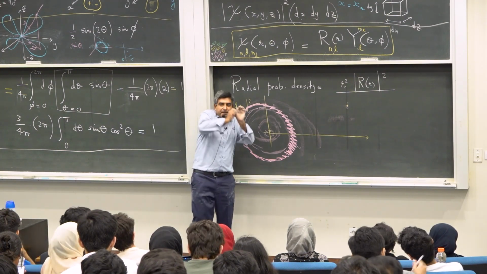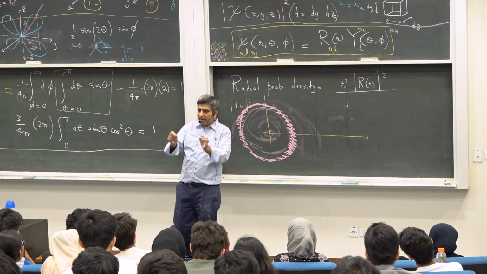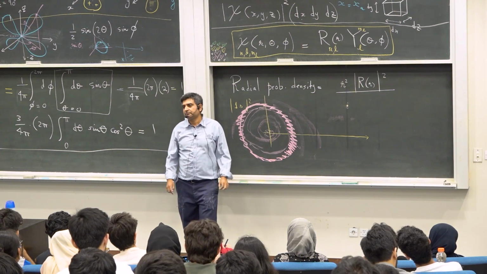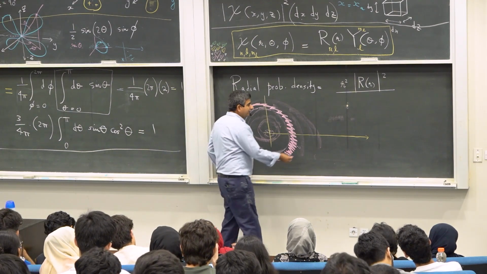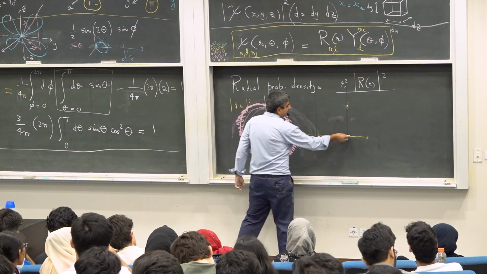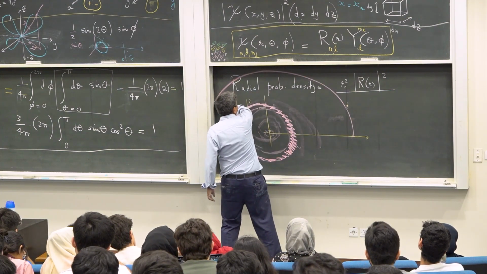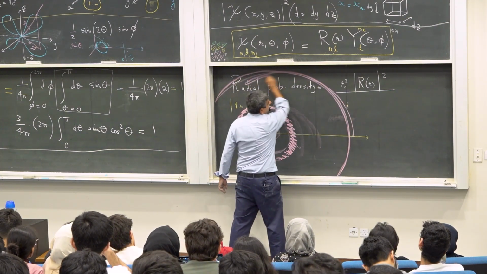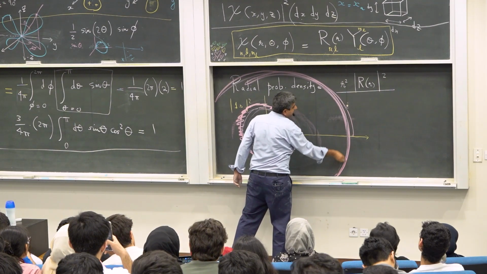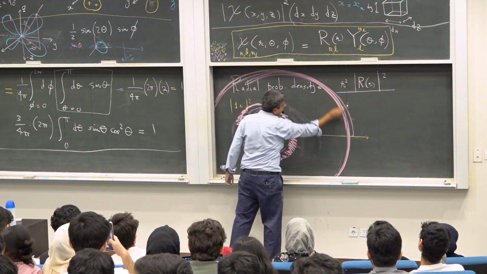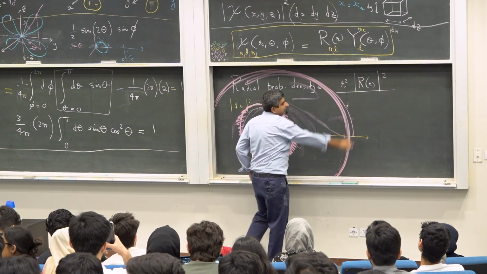It's going to have its maximum density at a naught. Likewise, for a 2s orbital, it's going to have a second maximum over here. Some density in between.